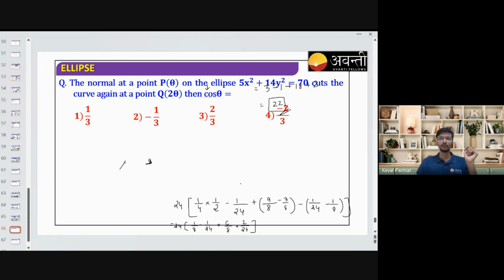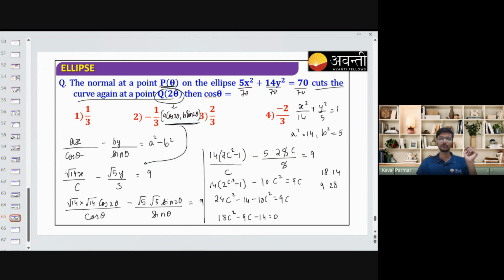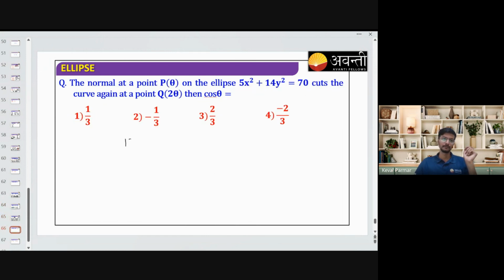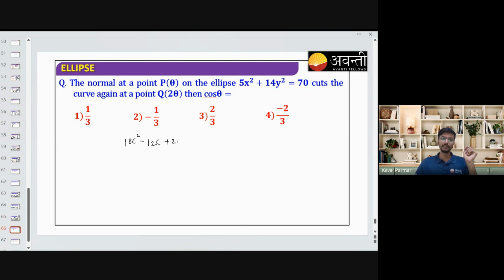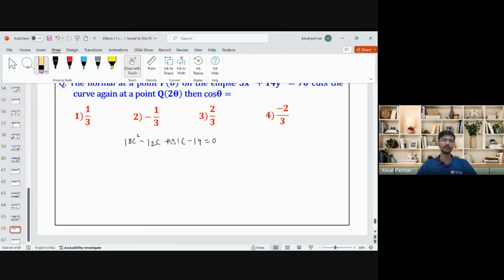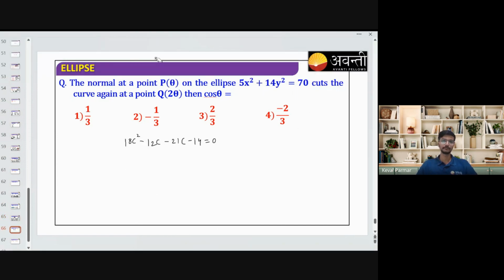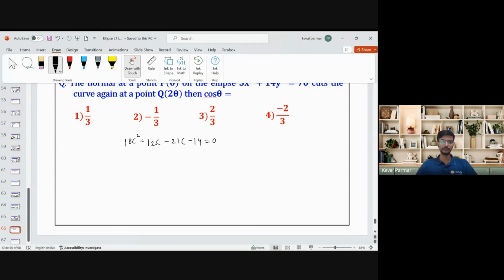Super. So it will be 18 cos square minus 12 cos plus 21 cos minus 14 equals to 0. So I think plus will be here and minus will be there. Thank you, Anjana.